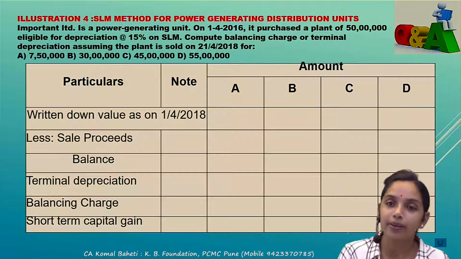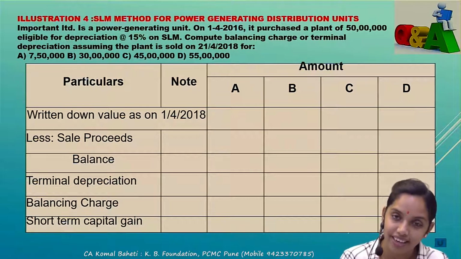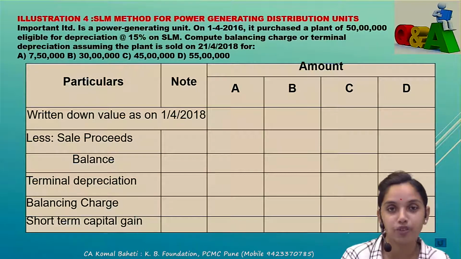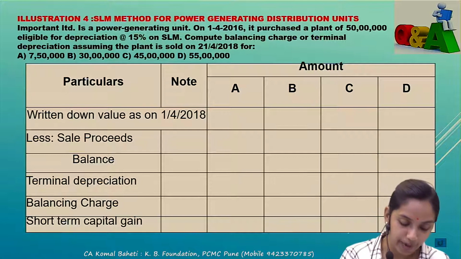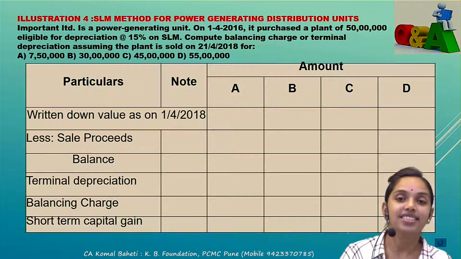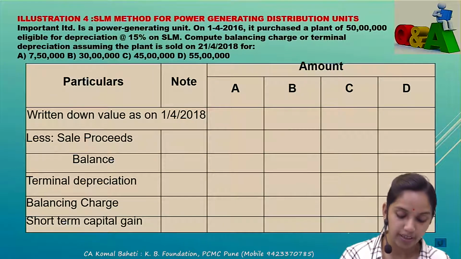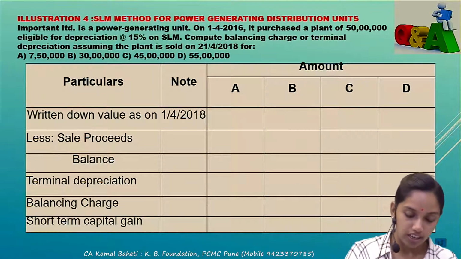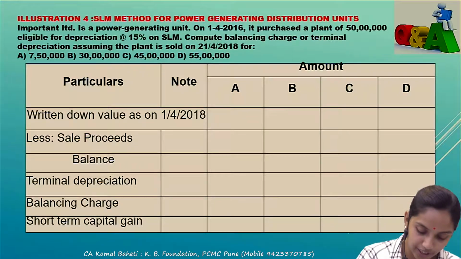So first you need to calculate the opening WDV. Correct? WDV as on the 1st of April 2018. So we'll calculate it. You will get the depreciation for how many years? 2016-17, 2017-18. You will get the depreciation for the 2 years. Correct? So we'll do that first. I will write down over here only.